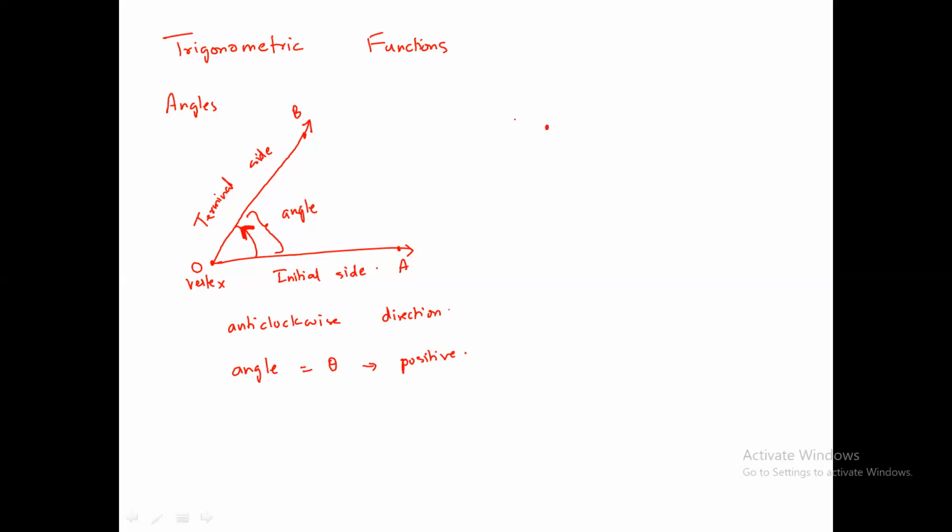So this angle theta will be positive because we are rotating in the anti-clockwise direction. On the other hand, if the vertex is here and the initial side OA is here, suppose this initial side is rotated to some extent and stops here. So this is OB, the terminal side.